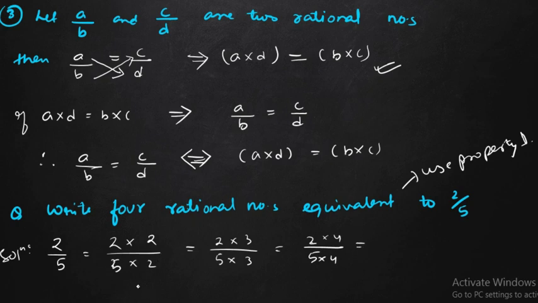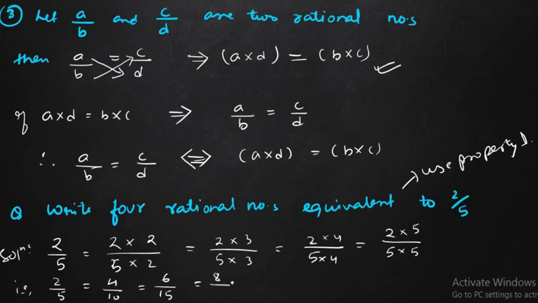We need one more, so let us multiply by 5 and 5. Then 2 by 5 can be written as 4 by 10, then 2 3s are 6, 5 3s are 15, 2 4s are 8, 5 4s are 20, and 2 5s are 10, 5 5s are 25. So these are the equivalent rational numbers.